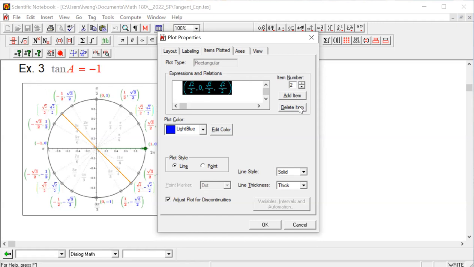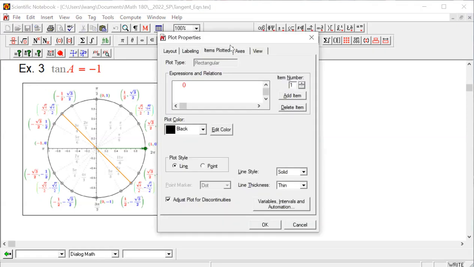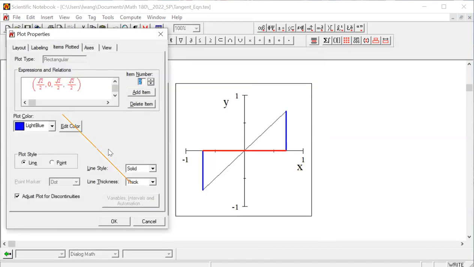Let's see. Okay, we just need to move everything to the other quadrants, right? So we're going to do that. And this piece that's in the first quadrant, that's a terminal.